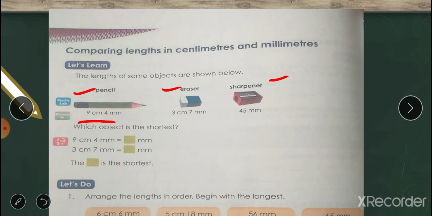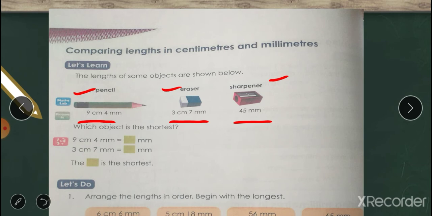The length of the eraser is 3 centimeters and 7 millimeters. And the length of the sharpener is 45 millimeters. To compare these three objects, the first thing we have to do is check whether the units of these lengths are the same or not.